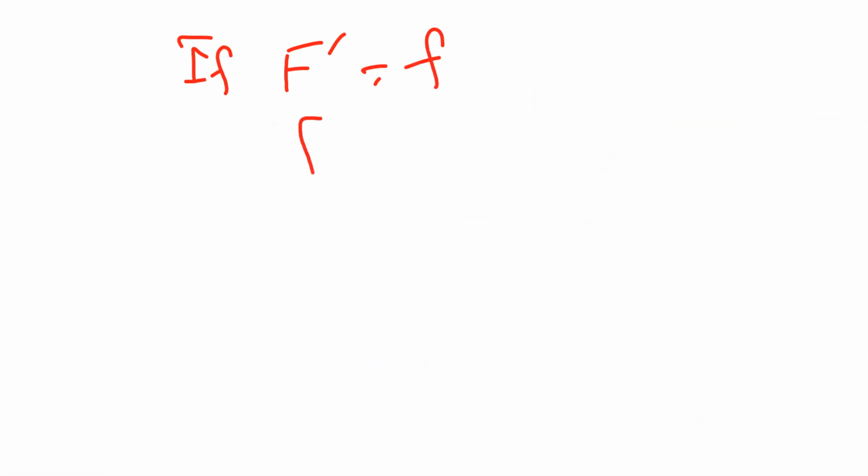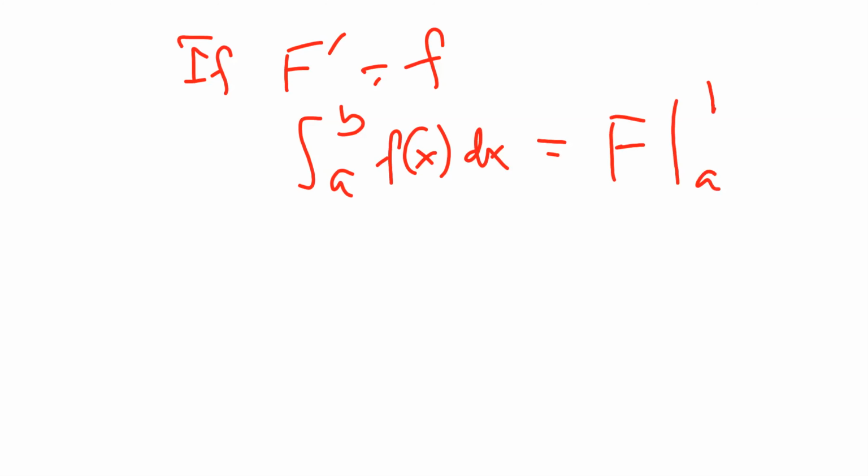If you know an antiderivative of f, and that is the same thing as knowing the indefinite integral of f, then you know the definite integral. It is the integral from a to b of f, and that is F(b) minus F(a). But this follows immediately from the first part, right?